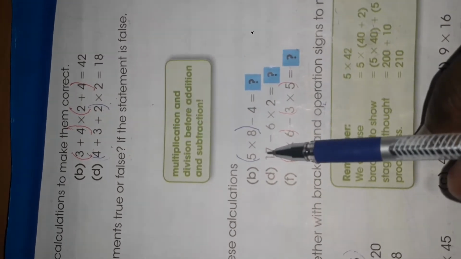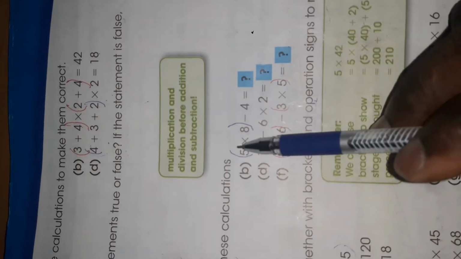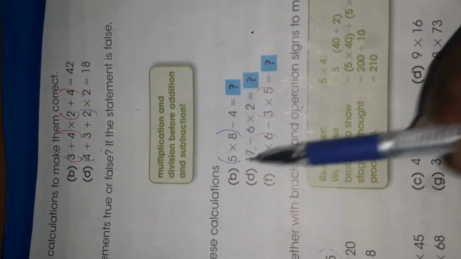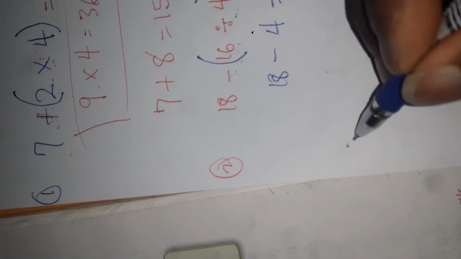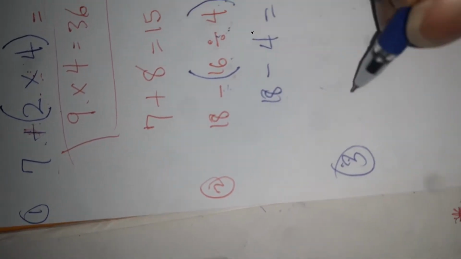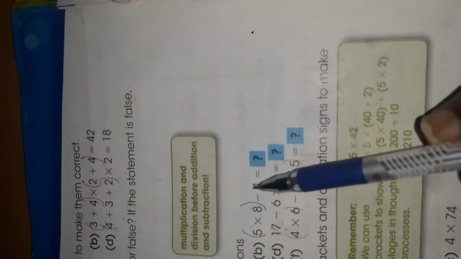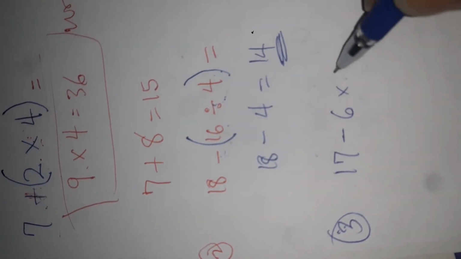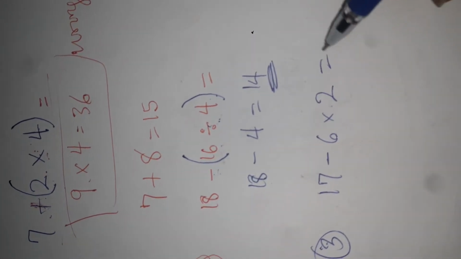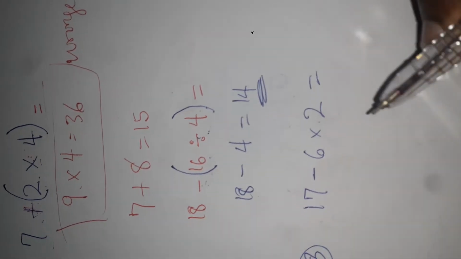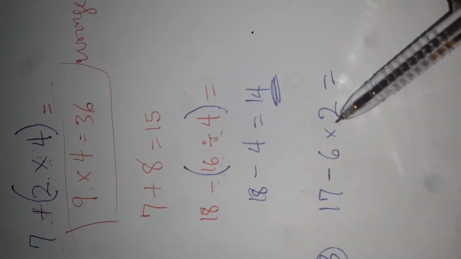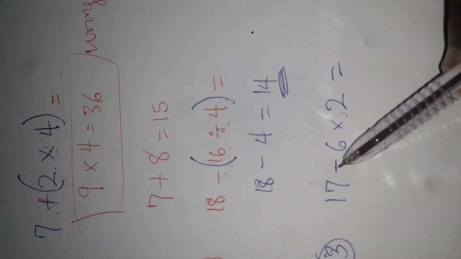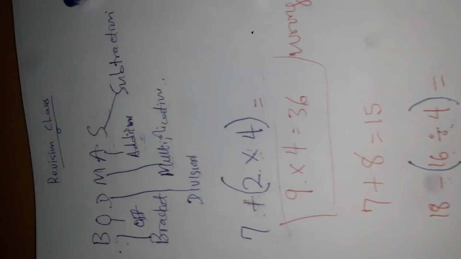Okay, let me take question D. Question 3. 17 minus 6 multiplied by 2. 17 minus 6 multiplied by 2. Now, according to the order of the operation, multiplication comes before subtraction.